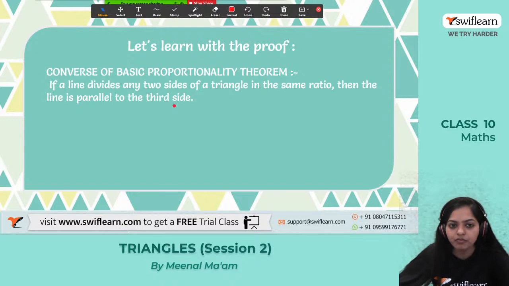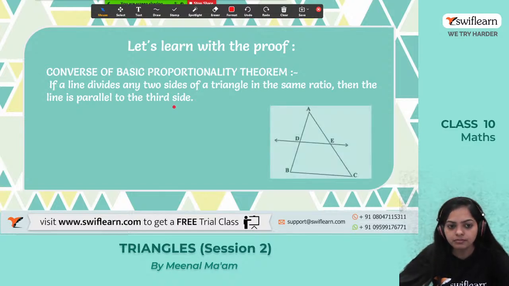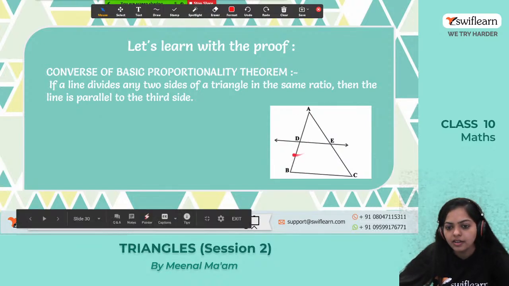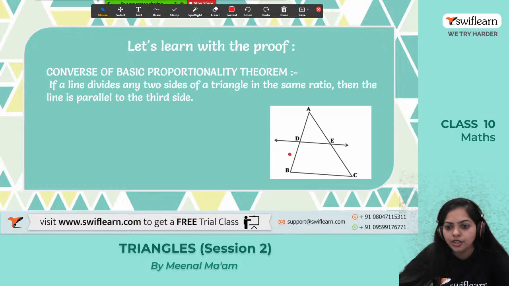If I draw a diagram like this, ABC is my triangle, and suppose DE is a line that divides the two sides in the same ratio. So we have to prove that this line DE is parallel to BC.